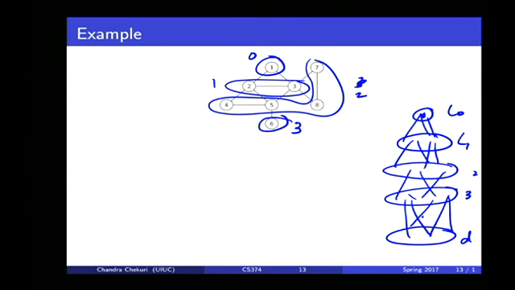I cannot have an edge from level L1 to L3, because if there was, then that vertex should be at level 2. But I can have an edge from level 3 back to level 1. In a directed graph, I cannot have an edge from level Li going down to level Li plus 2 or bigger, but it doesn't prevent me from having an edge from Li plus 2 to Li. That's the distinction between undirected and directed graphs.